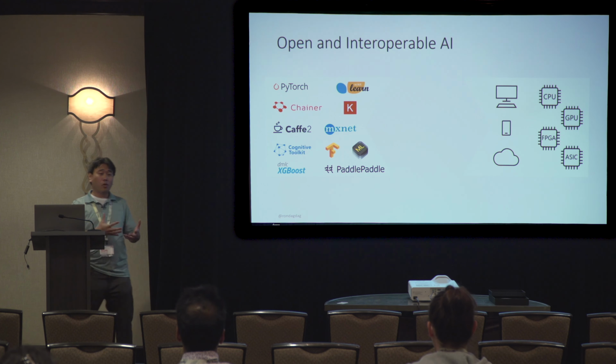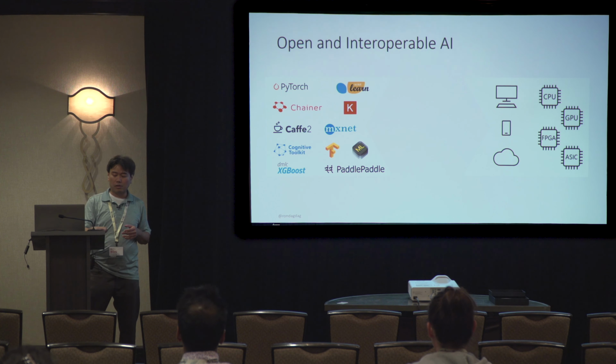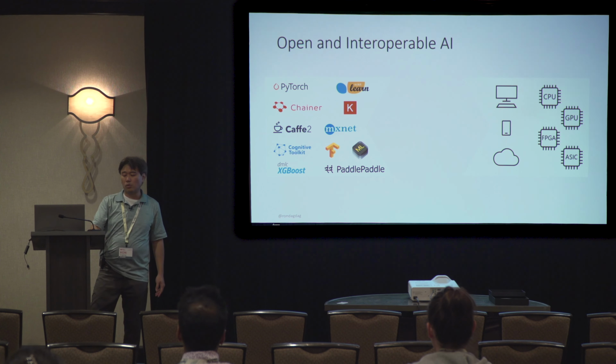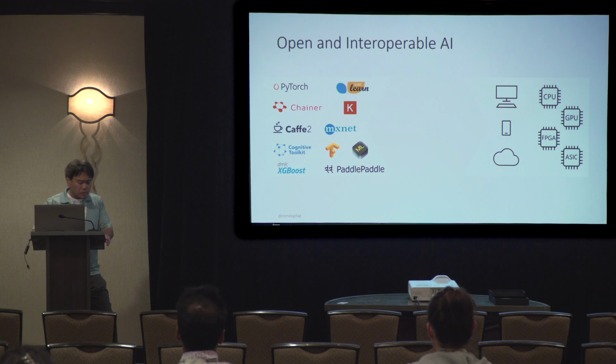And of course, when we deploy our apps, it's not just running on a desktop, there's also the need to run on an IoT device, or on a phone, or the cloud. And of course, you have different operating systems and also different GPUs, FPGAs, different ways in which you would run this.